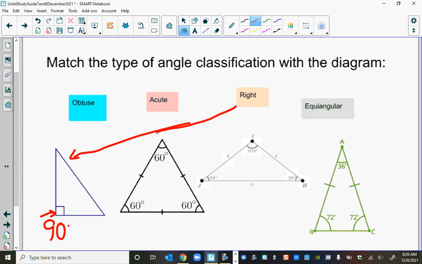All the angles are 60. Okay, that's a very good point. Adrian said all three angles are 60 degrees. Since they're all equal angles, it's equiangular. You see something very close to the word equal. There you go. Automatic, very good.